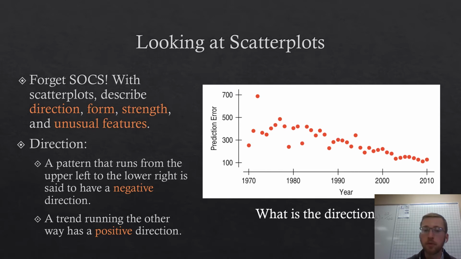So as we move from left to right, we are decreasing along the y-axis. On this scatter plot, we would say our direction is negative. If you're familiar with slope, you've talked a lot about slope in Algebra 1 and Algebra 2. We would draw a line through this scatter plot and see that the slope is negative. That again tells us that our direction overall is negative.